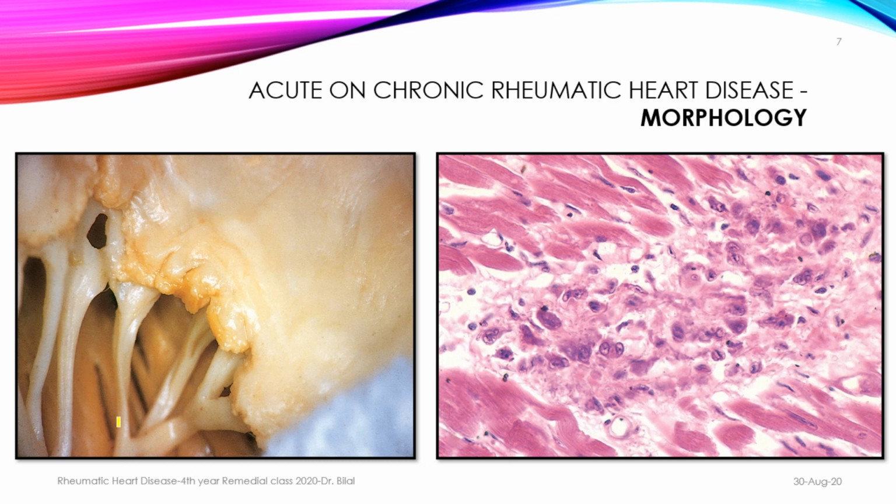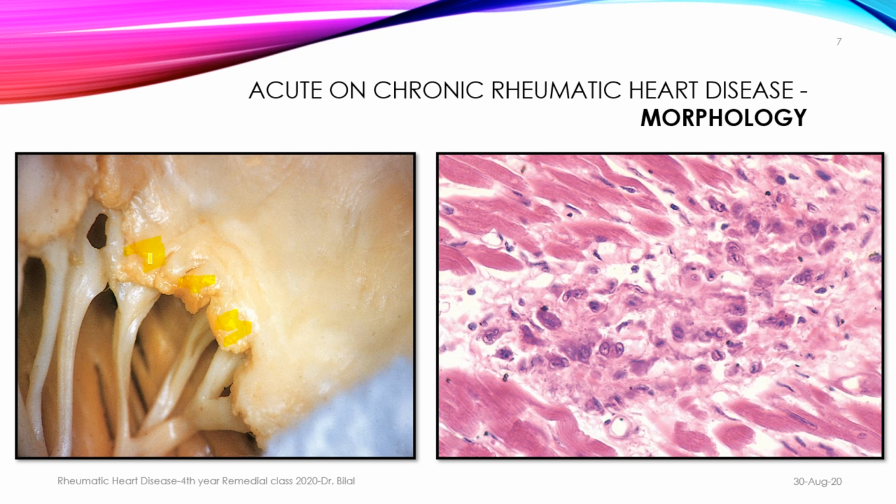These are separate, this one separate, this one separate, but these have joined. The inflammatory activity has occurred here and has gone into the chronic stage, and these chordae tendineae have fused. These small raised areas are known as the vegetations, or verrucae as they're called.